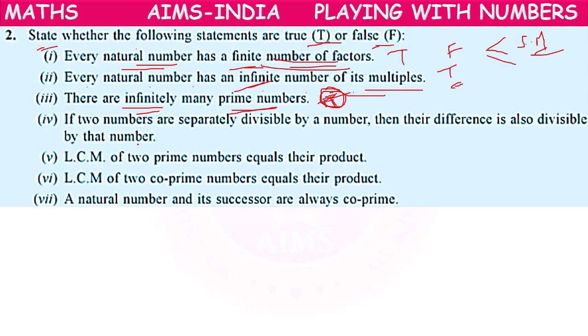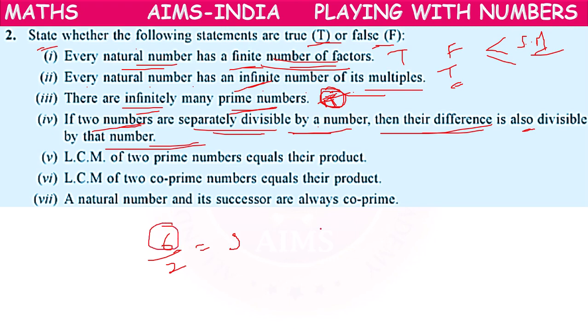Next, if two numbers are separately divisible by a number, then their difference is also divisible by that number. Let's take 3, with the help of an odd number. 3 times 2 is 6, so 6 is divisible by 3.